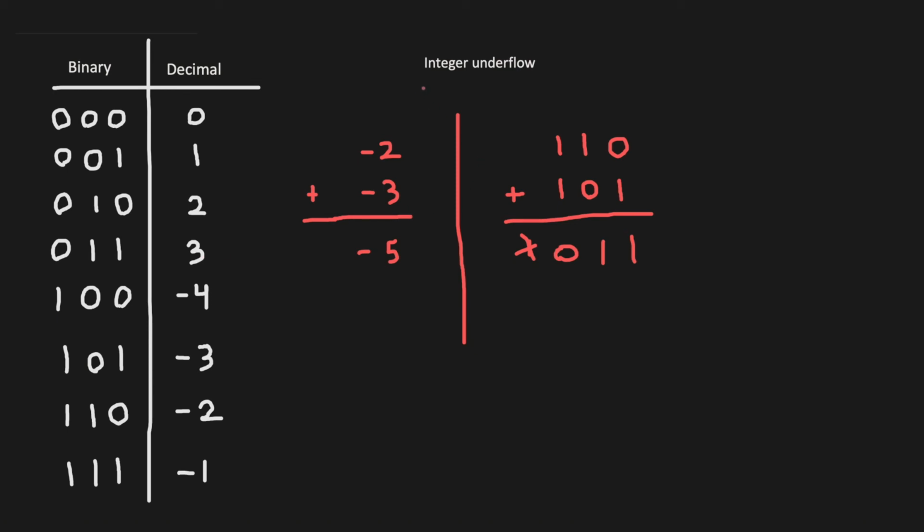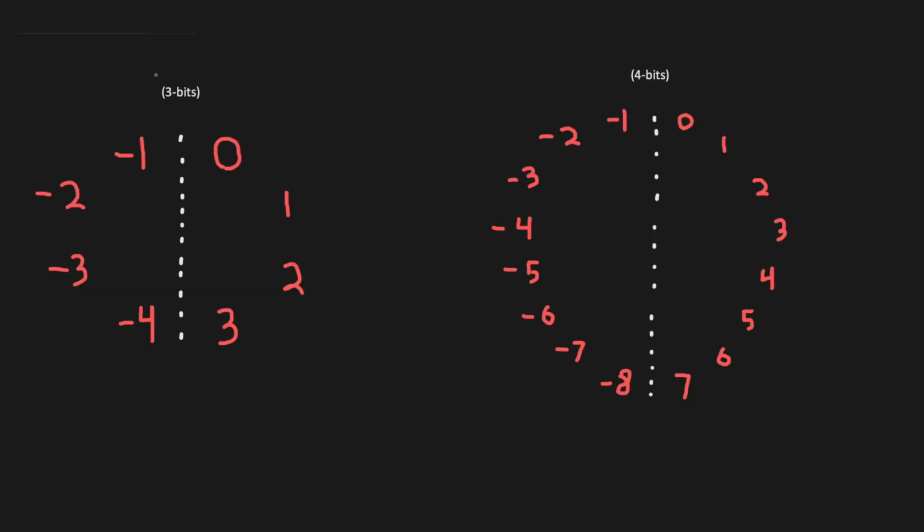Because of integer underflow and overflow, we can actually think of 2's complement as kind of a circle. So for our 3-bit system, as we continue going up, 0, 1, 2, 3, 3 is the maximum positive integer. If we add one more, it'll go to -4. And we can keep adding -4, -3, and continue.